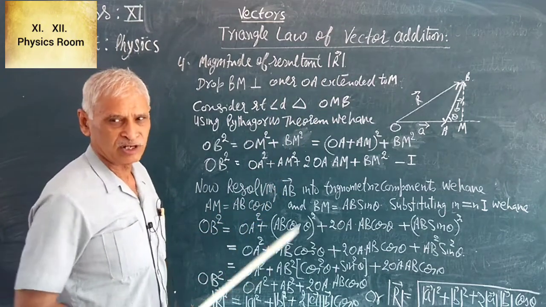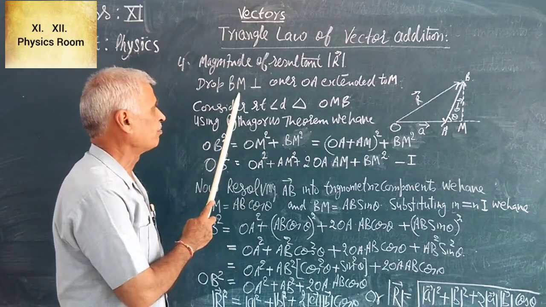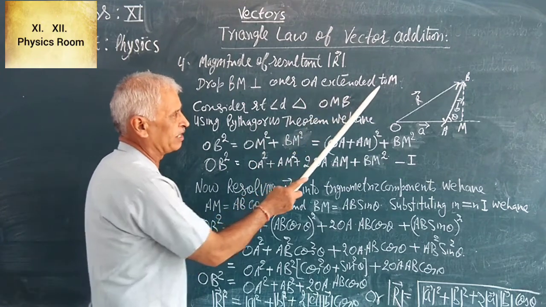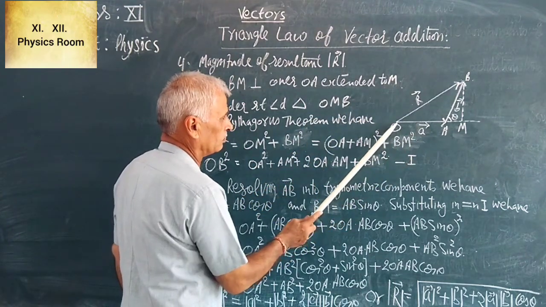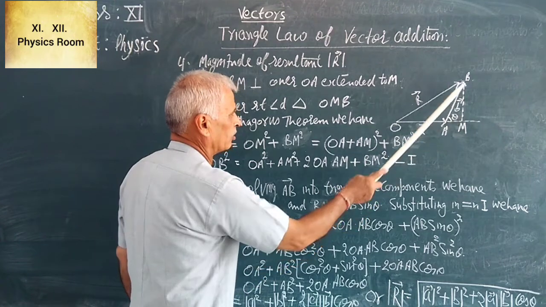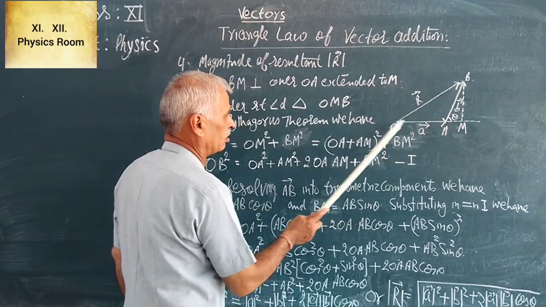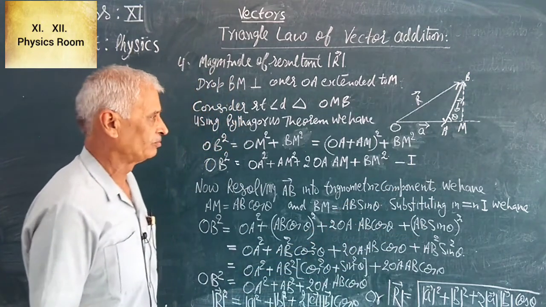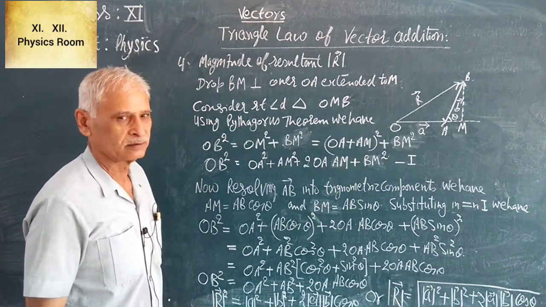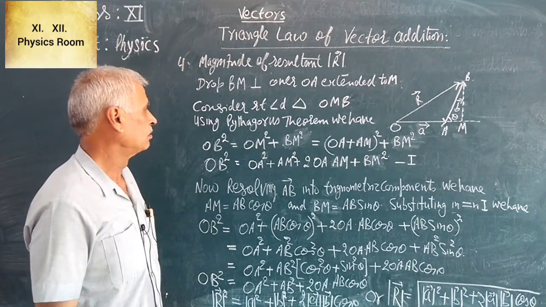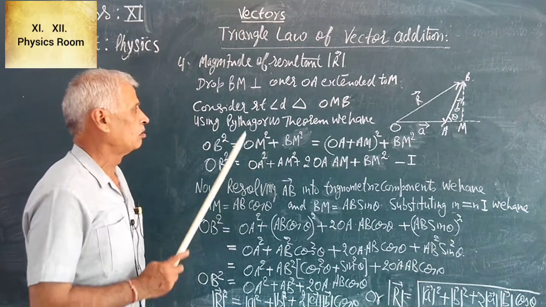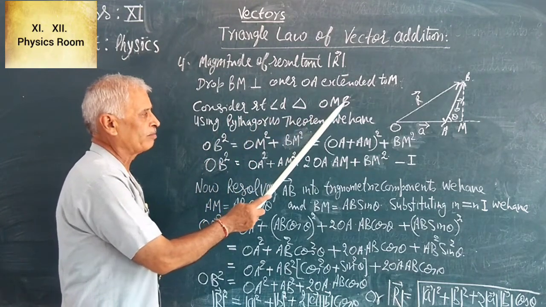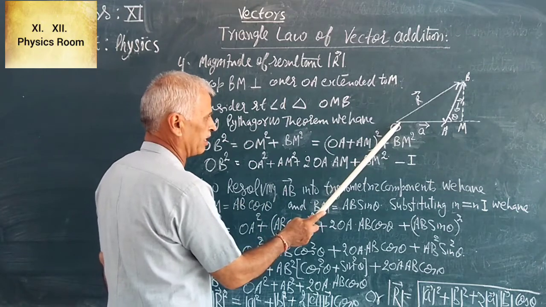Now do some geometrical construction. Draw BM perpendicular to OA extended to M, as shown in diagram. Now consider right angled triangle OMB.